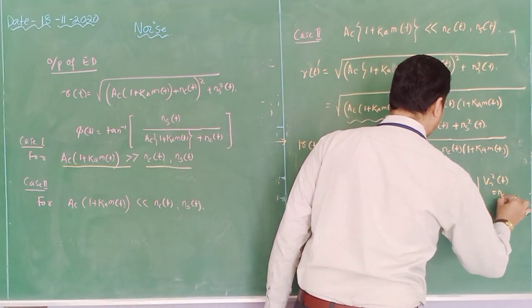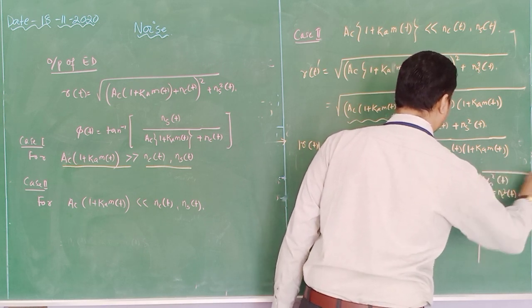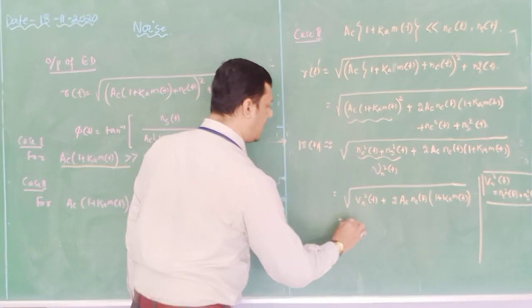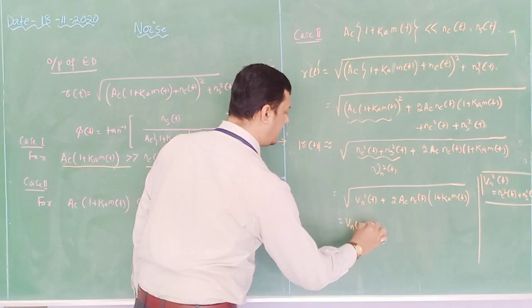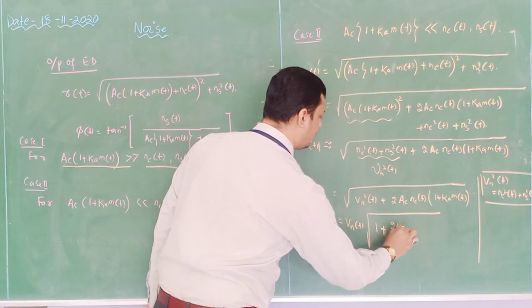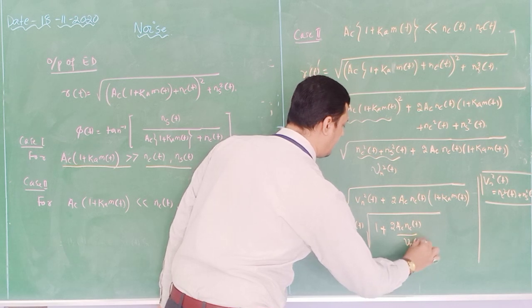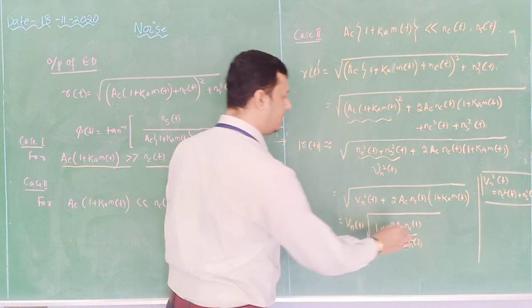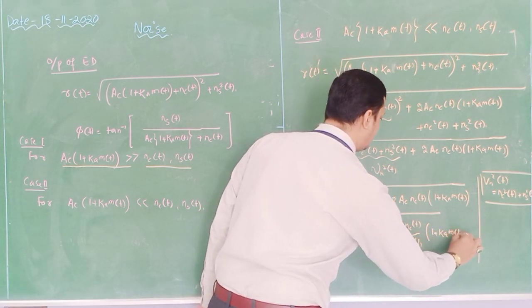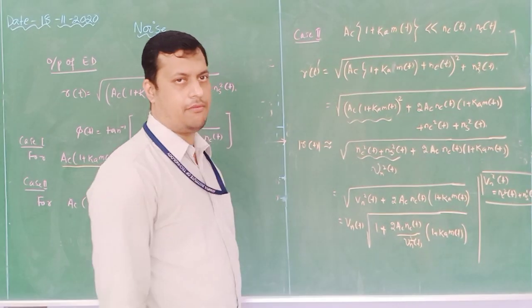Vn square of t is NC square plus NS square of t. This is a factor. Now take this Vn square outside. So here we will get 1 plus twice of AC NC of t divided by Vn square of t, whole into (1 plus K_a m of t). So this is multiplied with this particular factor.